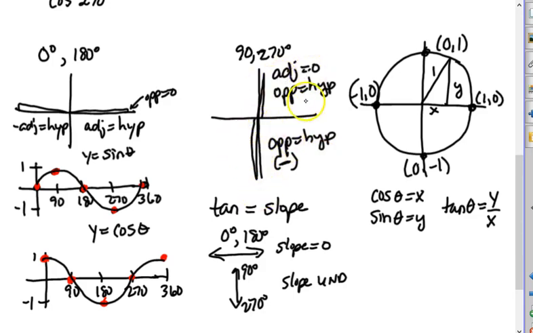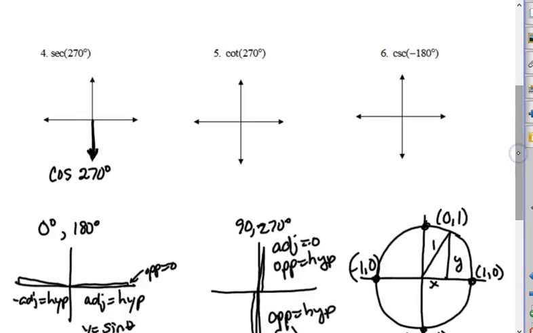If we look at the unit circle, x is cosine, and at 270 degrees the unit circle has an x value of 0, so cosine is 0. Or we could look at the cosine graph and say cosine of 270 is 0. So all of those tell us that cosine of 270 is 0. Since secant is the reciprocal of cosine, secant would be 1 over 0, which is undefined. So secant is undefined.